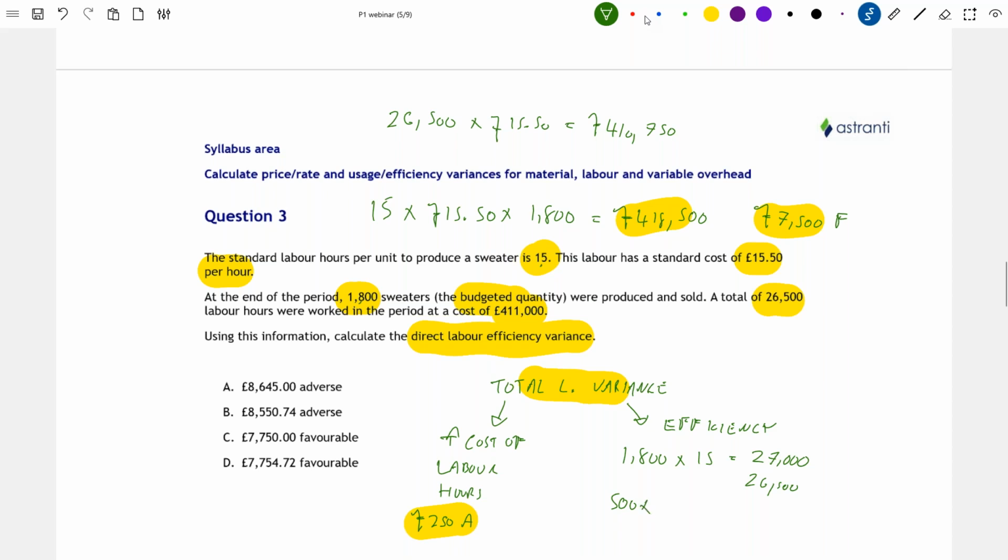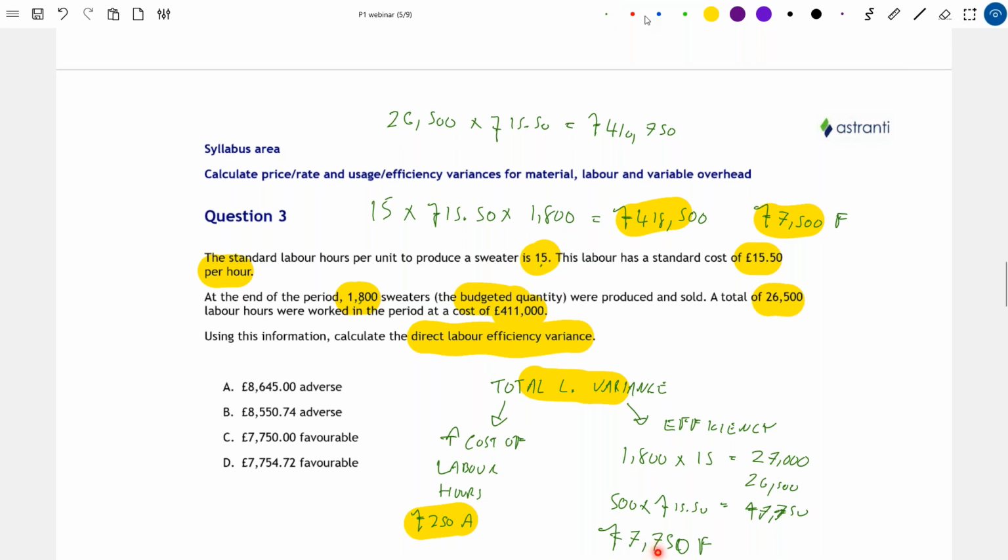So how much money is those 500 hours worth? Well, we can value it according to the standard cost of labour, which is £15.50. So 500 multiplied by £15.50 is equal to £7,750, and that is favourable.